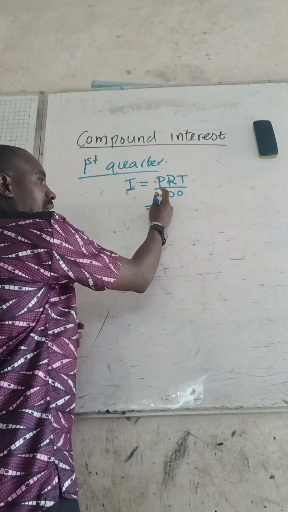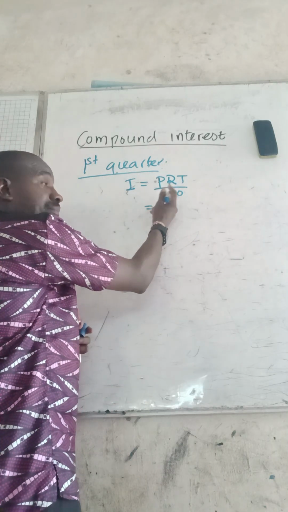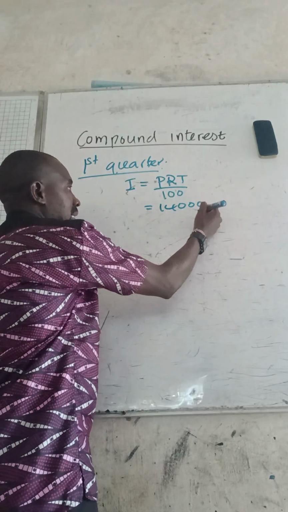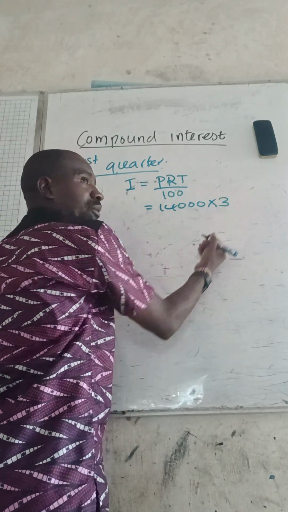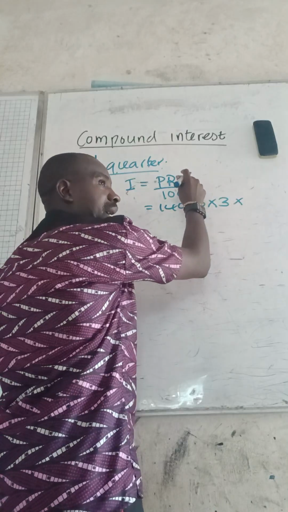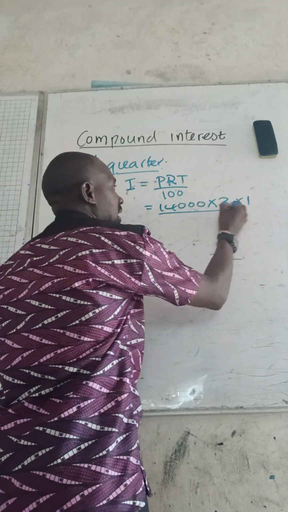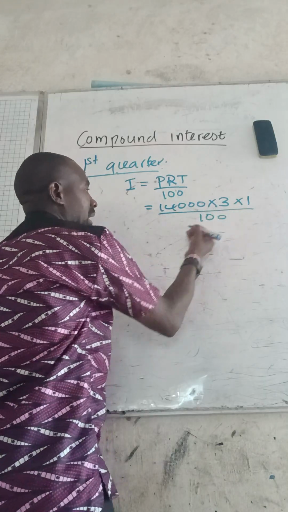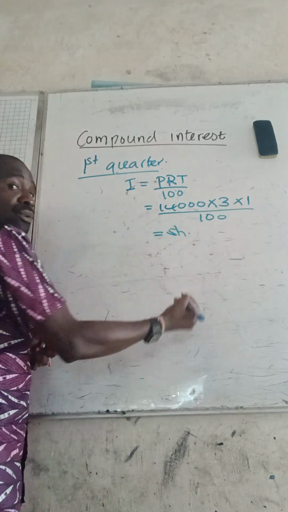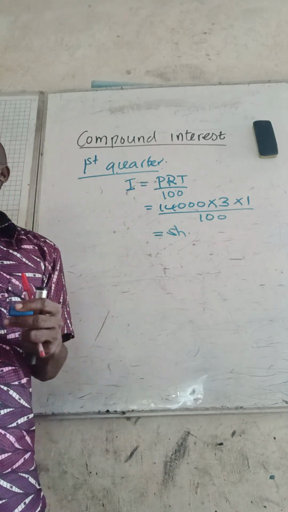So, how much was deposited? 14,000, multiplied by R, which is 3, multiplied by T. For our case, that is the first quarter, so it's still 1, divided by 100. So, how much do we have?